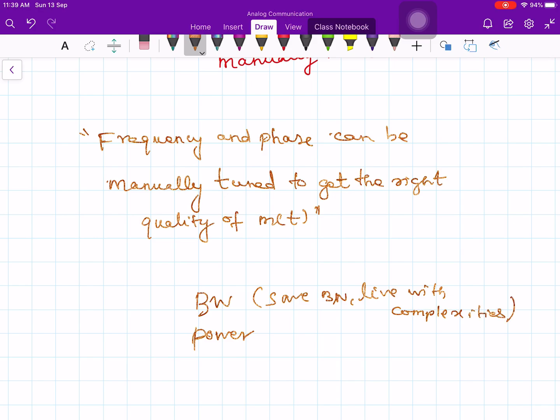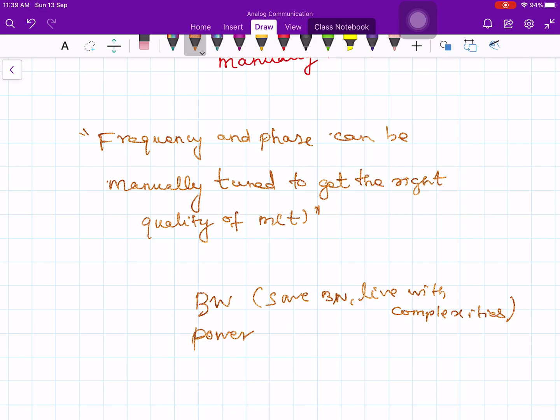No other way. If the receiver happens to become very complex in the process, no problem. At the end we are saving the bandwidth, right? In such a case, we are ready to spend the money and accept the complexity of the receiver, because the bandwidth is important for us.